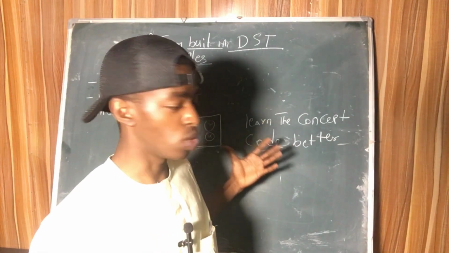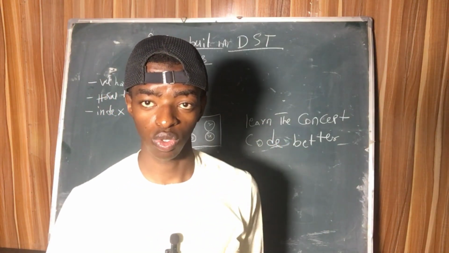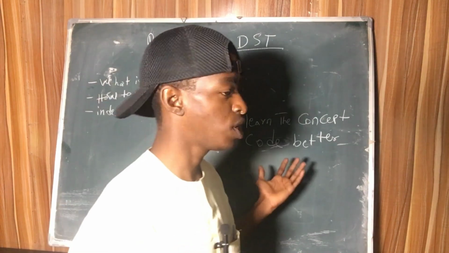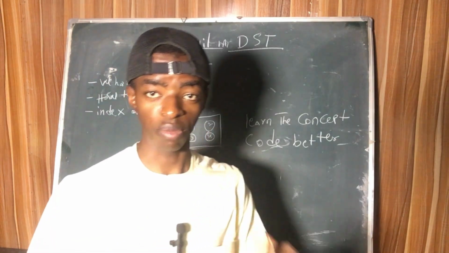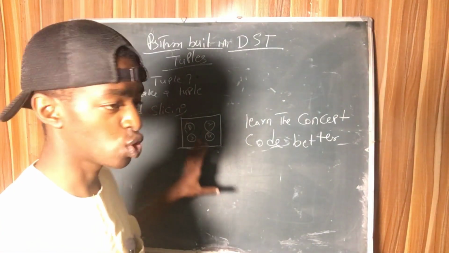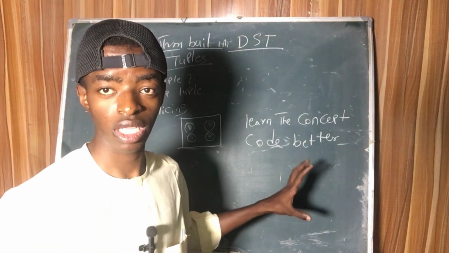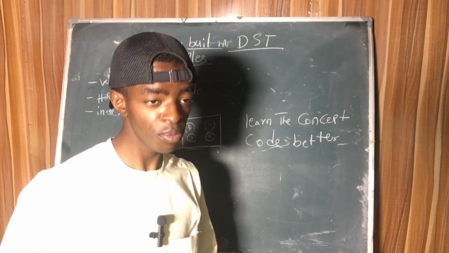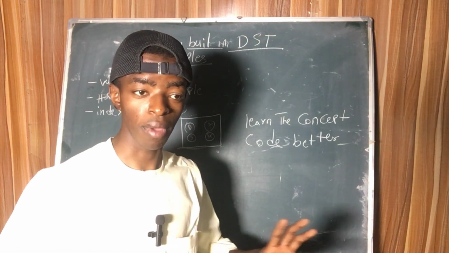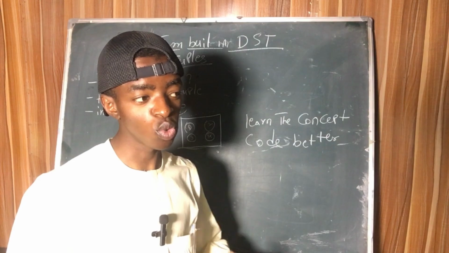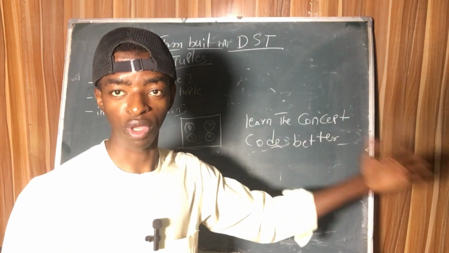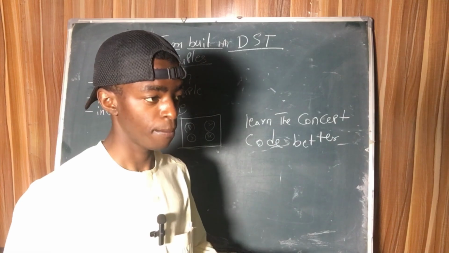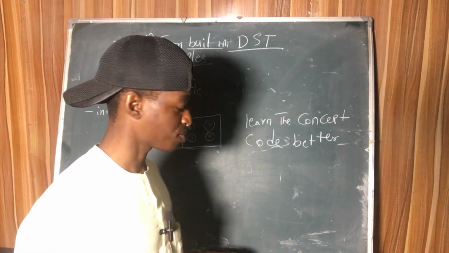So you can use a tuple instead of other data structures that another user can change. But as a beginner, just learn the concept and understand it. At this point maybe you will not understand the main use of tuples, but when you go further and start creating big projects, that's the best time you're going to understand the importance of tuples.